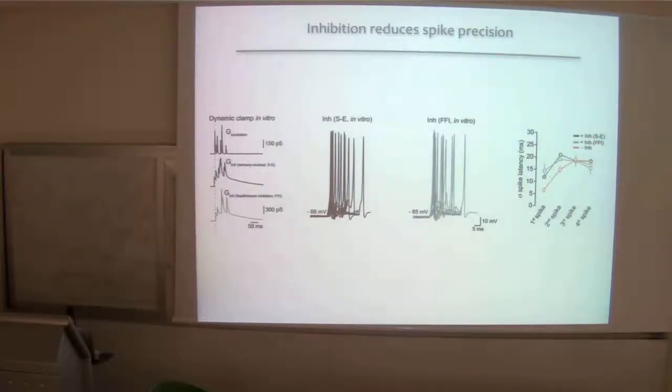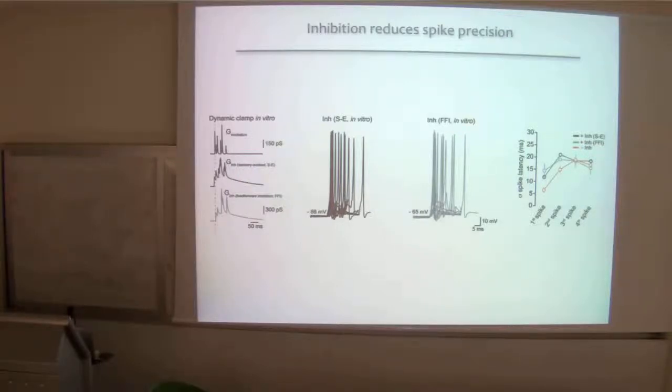But if you take out inhibition, and when I say no inhibition, the tonic inhibition is still present in all of these scenarios, we're only blocking the phasic and the spillover. And when we take away the phasic and the spillover, or the Golgi cell inhibition, this is the standard deviation of the spike latency, I see that actually spikes become more precisely timed when you take away inhibition.